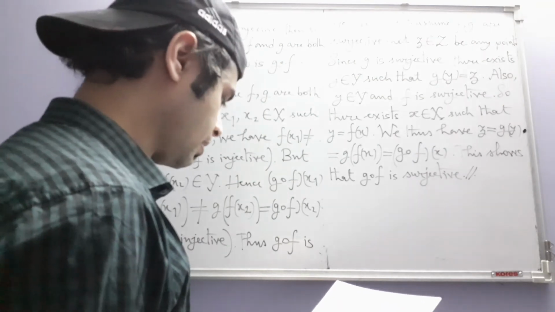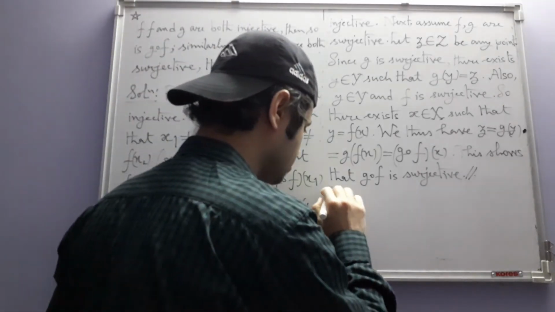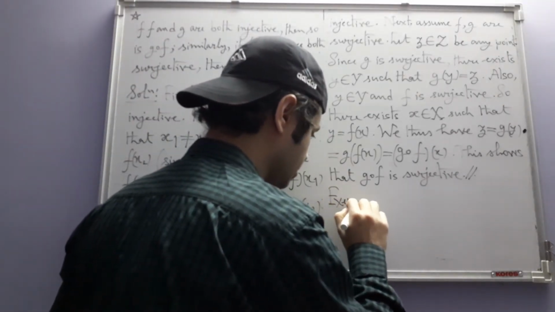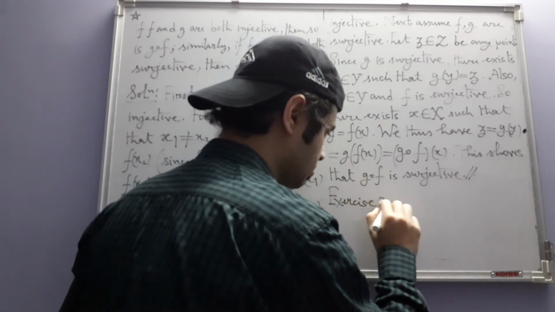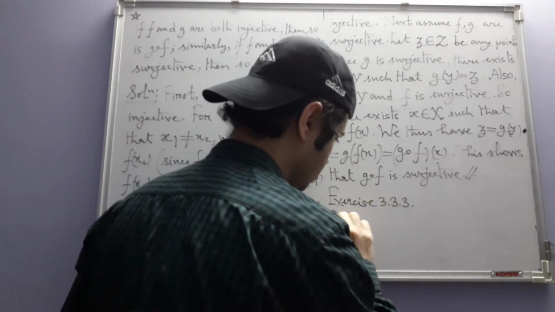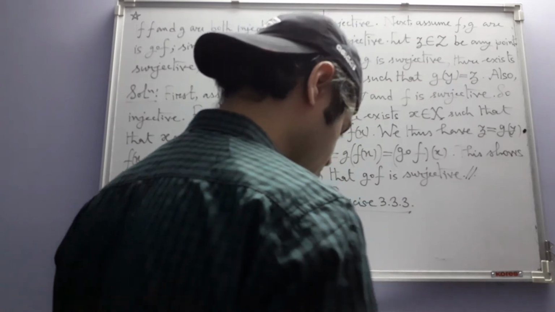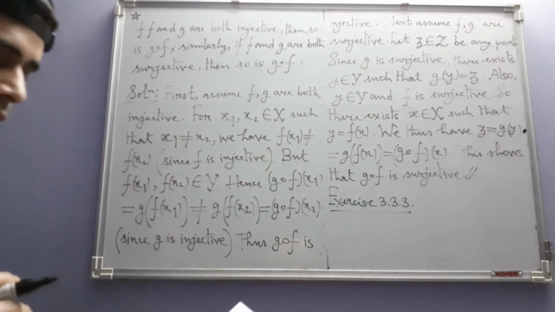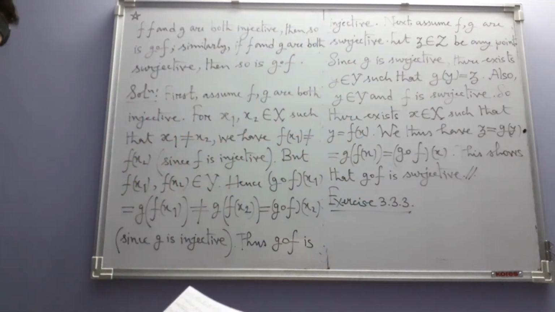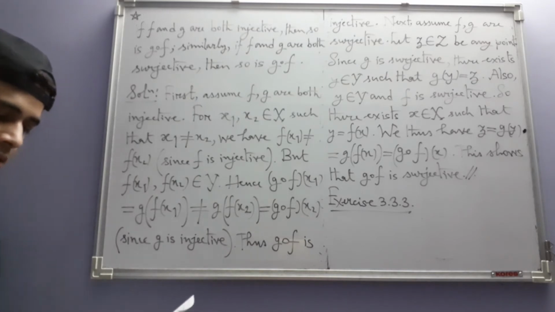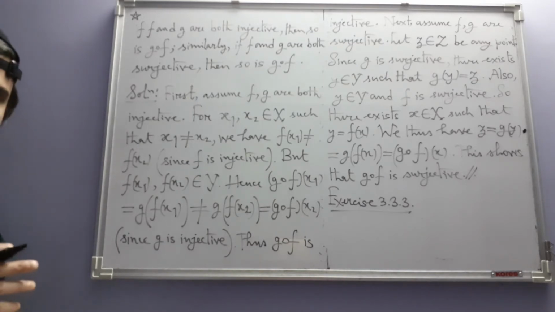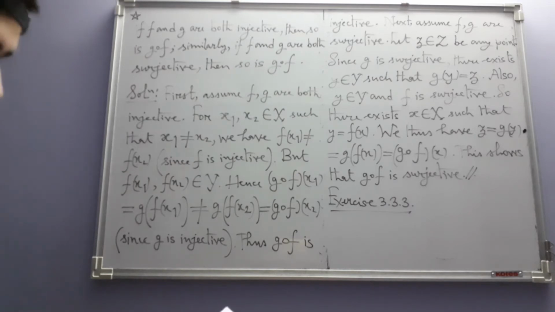Okay, now we move to the third one. So this third one is about the empty function. If you recall, an empty function with range X is a function whose range is X but the domain is the empty set.